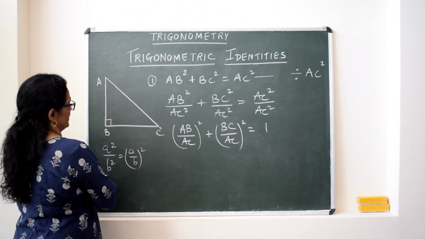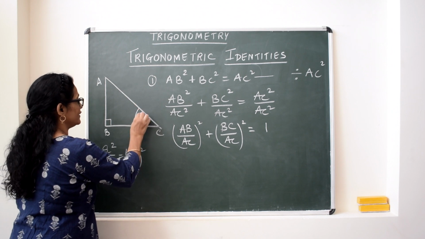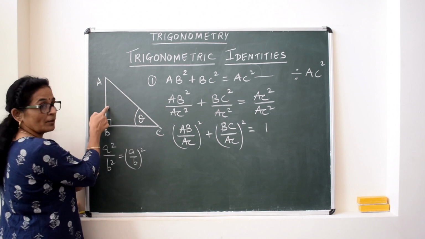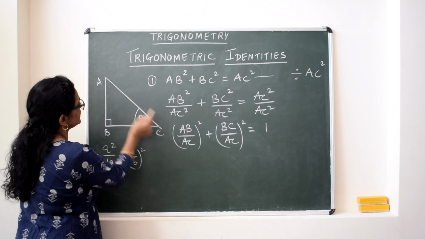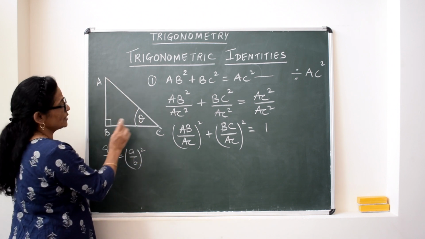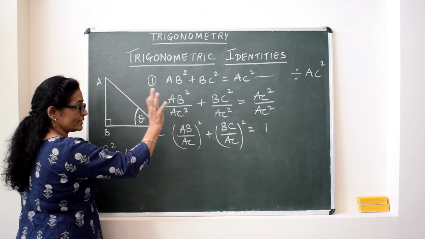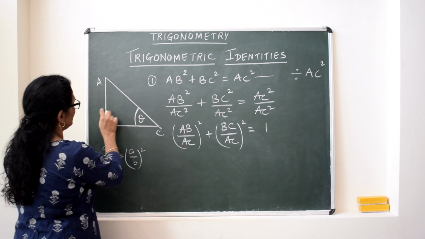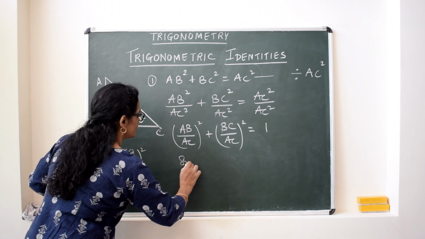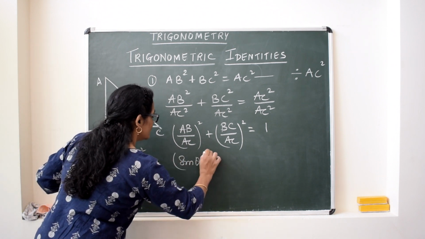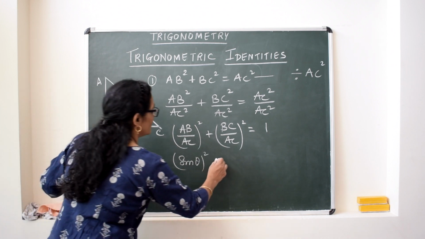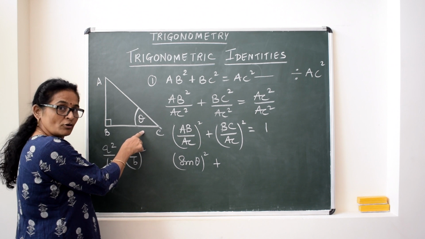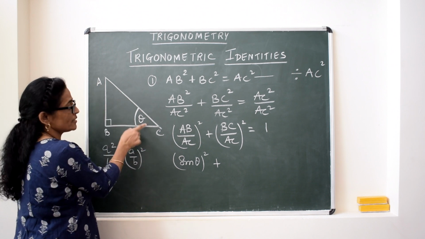AB by AC for angle theta. This AB is the side opposite to that and AC is the hypotenuse. So we are considering these ratios for angle theta. So we can write this AB upon AC as sin theta whole square. Then for the same theta, BC is the side adjacent to it, or base we can call it, and AC is the hypotenuse.